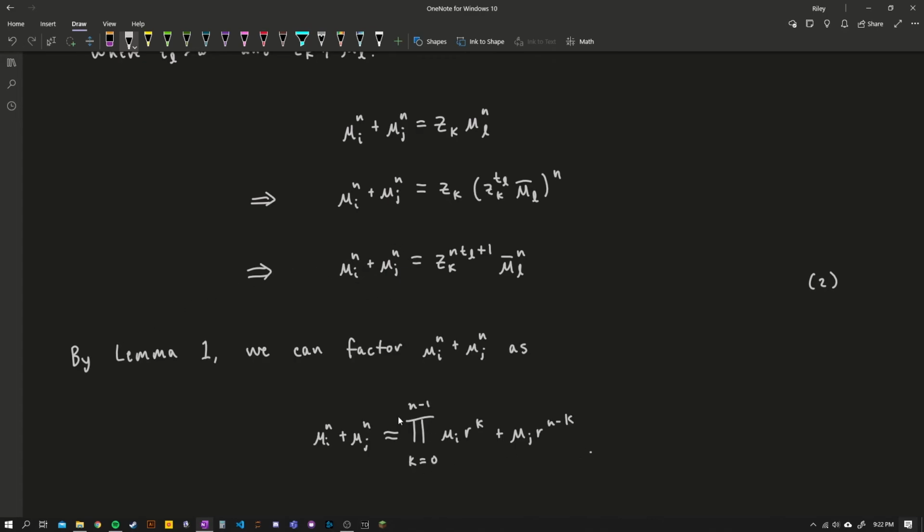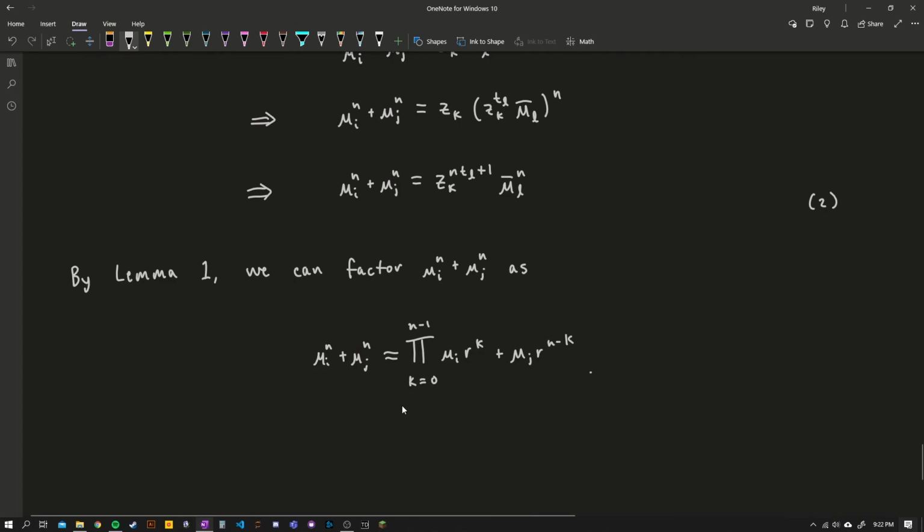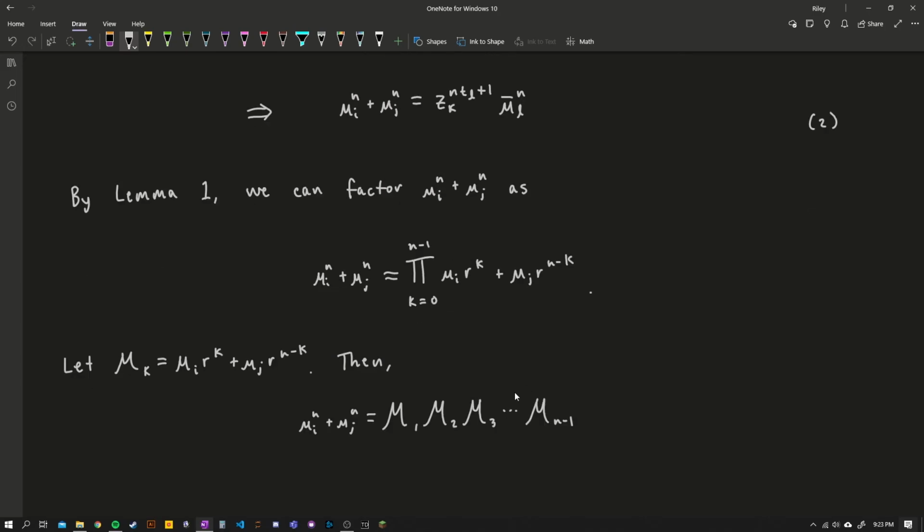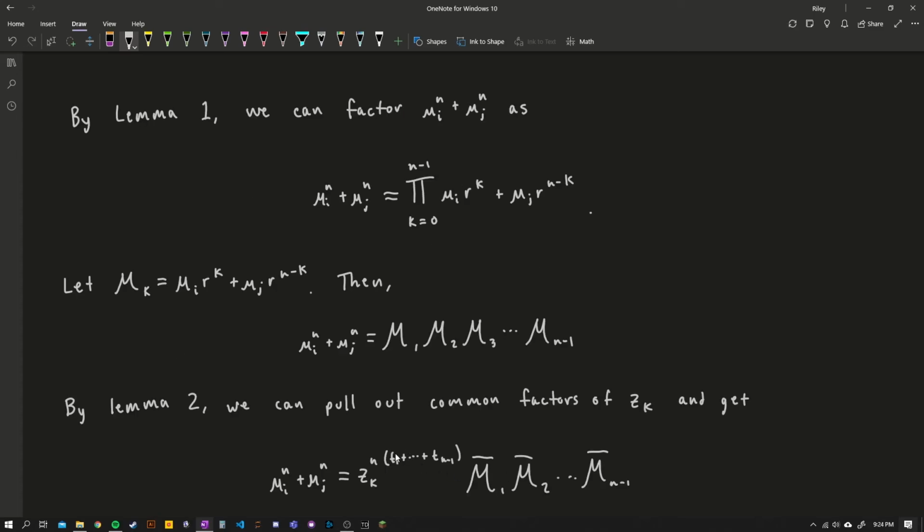And from here, I want to let this fancy-looking m be equal to one of the terms in this product, so that we can write this factorization as the product of a bunch of the m's. Then by lemma 2, we can pull out common factors of z_k, and we'll get the following. Here, each of these m_i bars is the reduced version of its corresponding m_i up here.